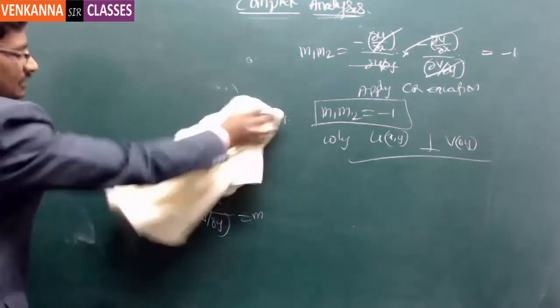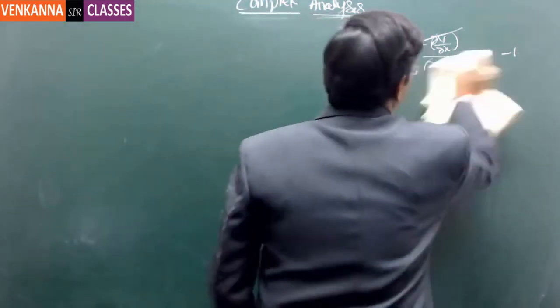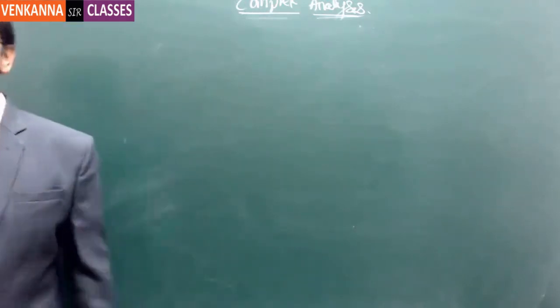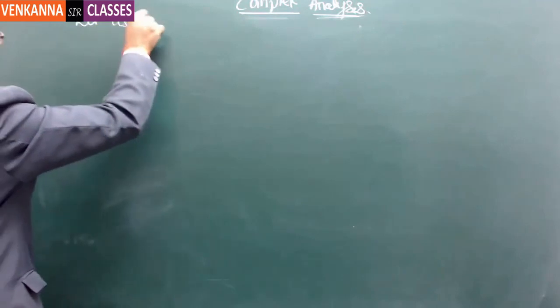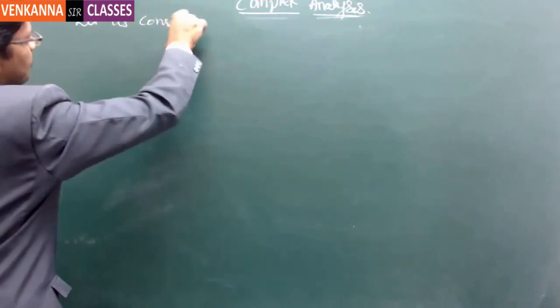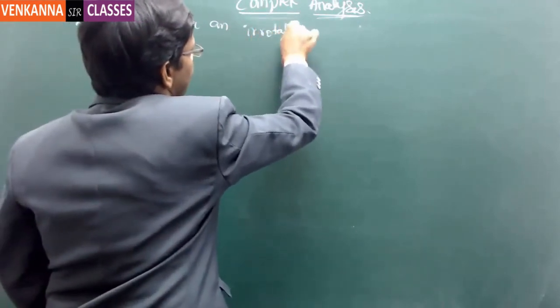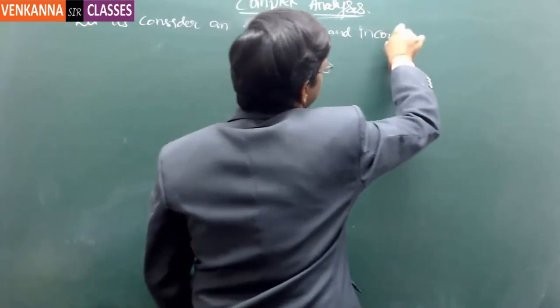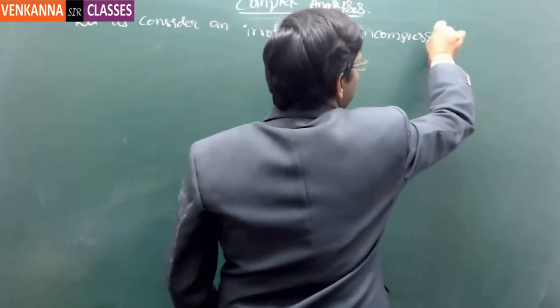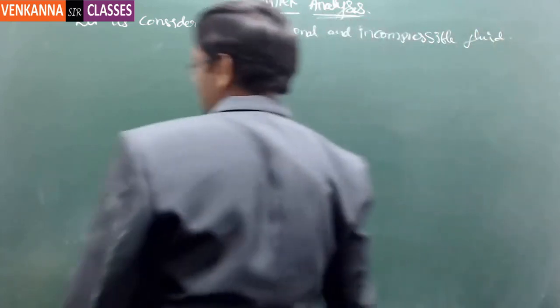Now, based on this understanding, we see the application of this concept to fluid flow. Here itself I am discussing fluid flow analysis. Let us consider an irrotational and incompressible fluid.